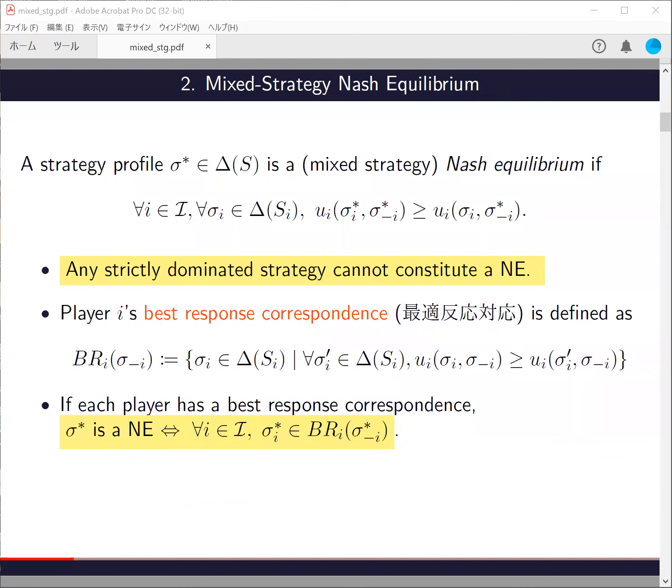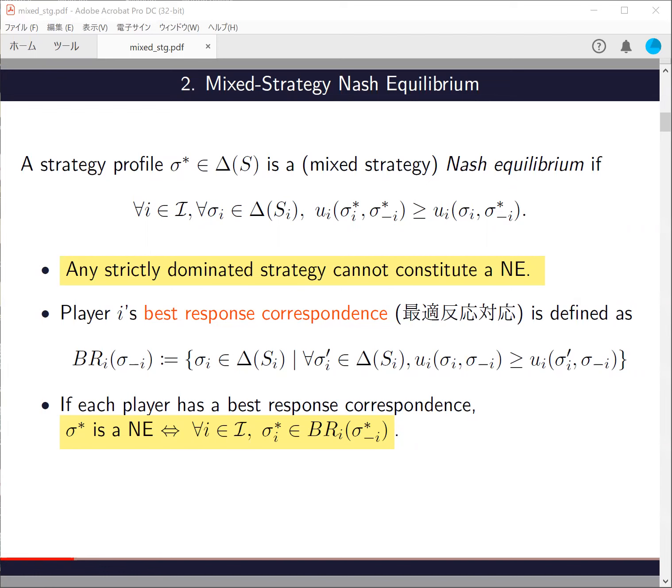Now, let's define what Nash equilibrium is when players use mixed strategies. A strategy profile sigma star is said to be a Nash equilibrium if the expected utility of player I cannot be improved by taking some other mixed strategies sigma I when rival players play mixed strategies sigma star minus I. One thing to note here is that a strictly dominated strategy cannot be a mixed strategy Nash equilibrium, as in the case of pure strategy Nash equilibrium.